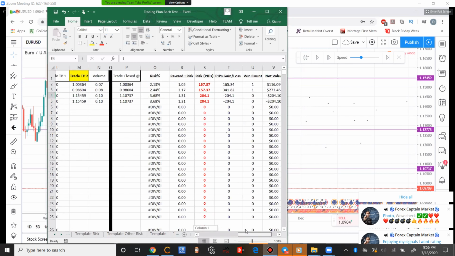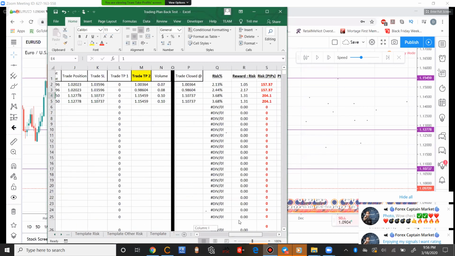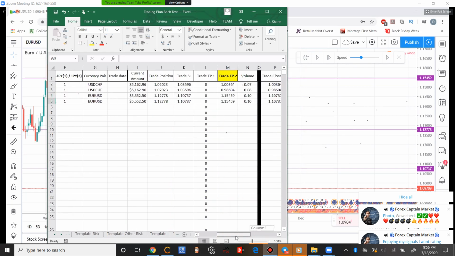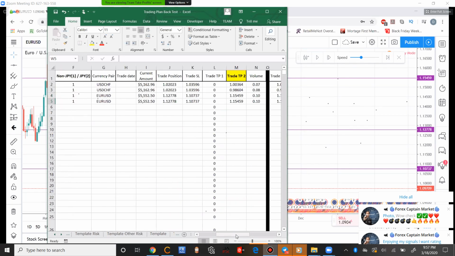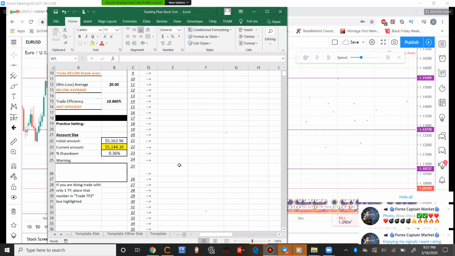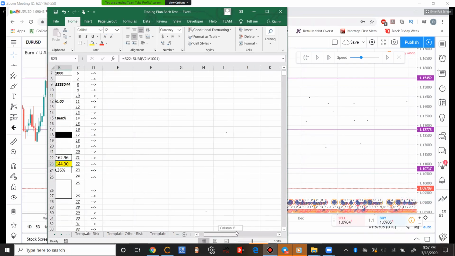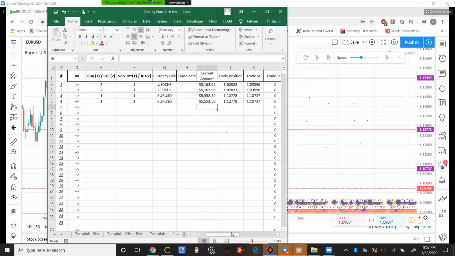So in this case, we lost a lot. Then your number should update down here, and then again you update this chart with this number.